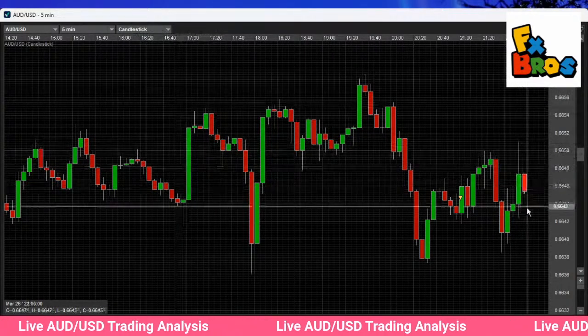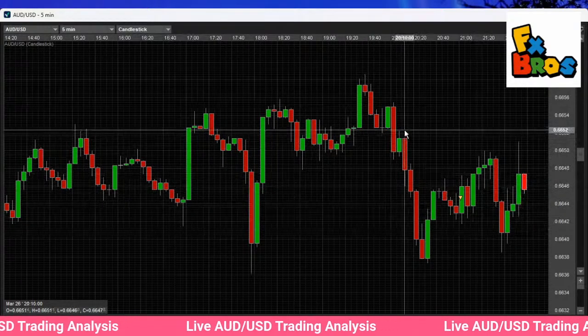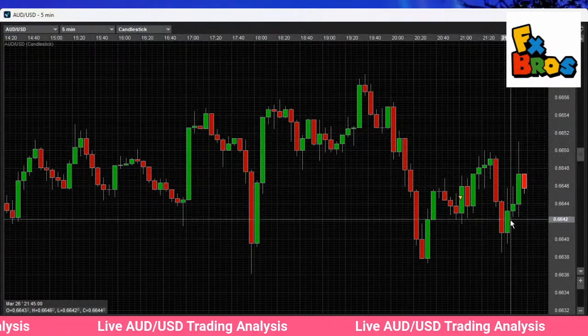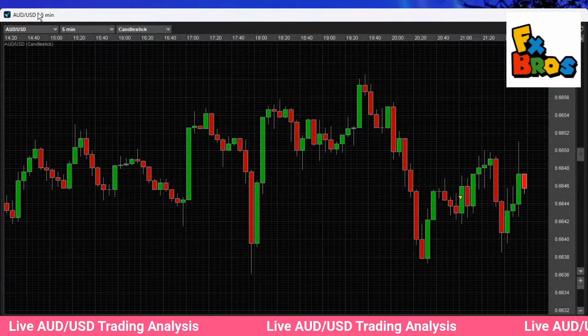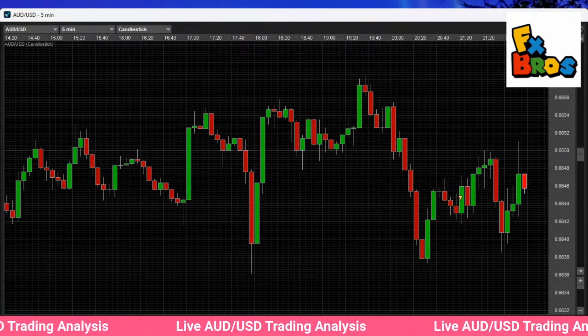Yeah, we got 2 more 5-minute candles before this hourly closes out. And who knows, we might stay in this little consolidation box like we have here.